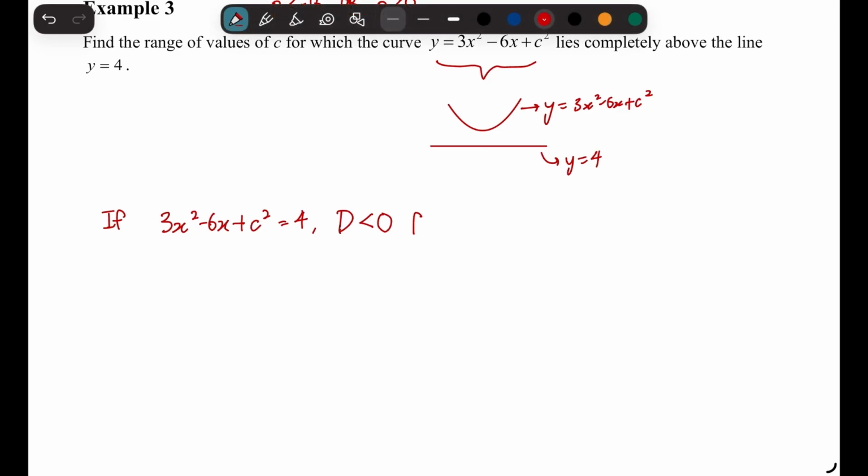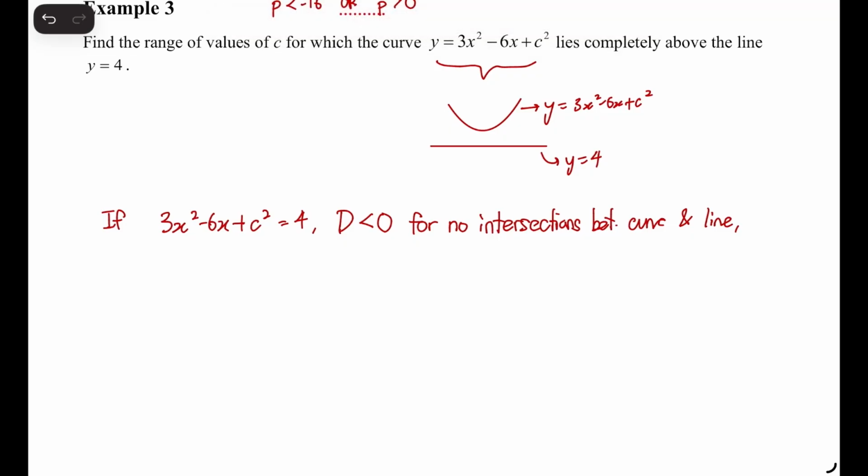So over here, the discriminant must be less than 0 because there are no intersections between curve and line.